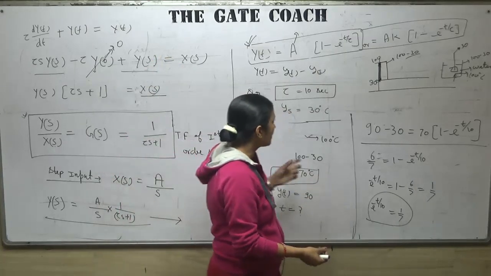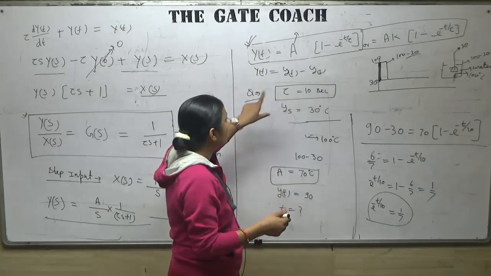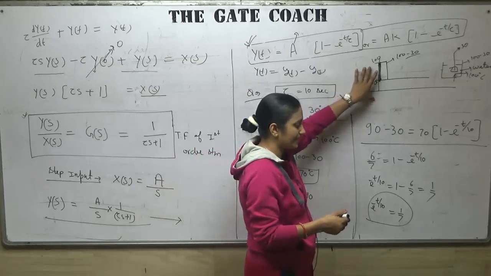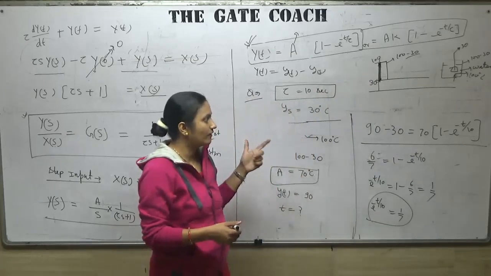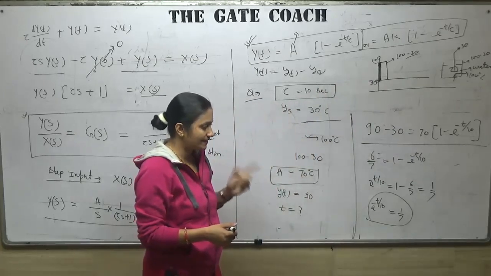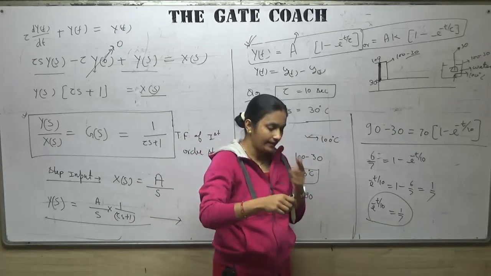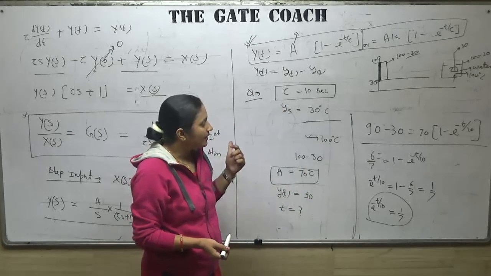In the question it is not given that it is dipped and taken out. It is only given that it is put into the environment of 100 degrees centigrade. They are not saying that we have taken it out, so it is an example of step input, not impulse input. If it were impulse input, they would say that they put it in and take it out.